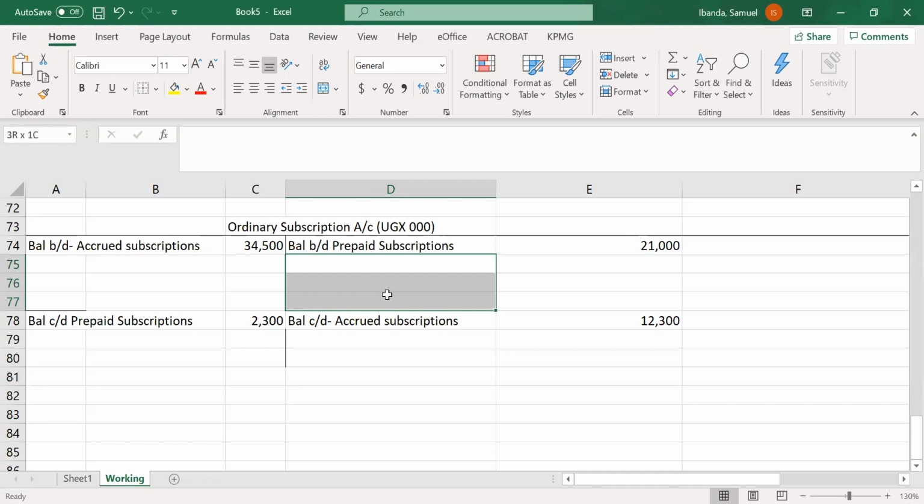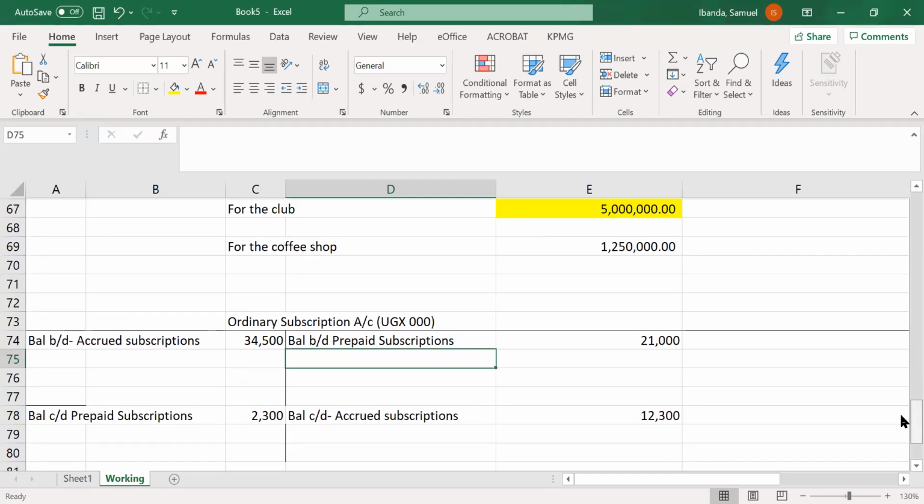Don't you think it's more payments? Once we pay more subscriptions, then they increase the prepaid. Let's call them receipts for the subscriptions. More receipts for subscriptions increase our prepaid subscriptions.